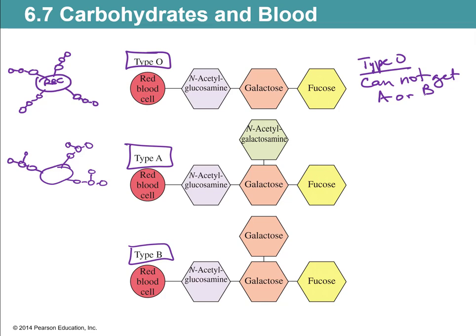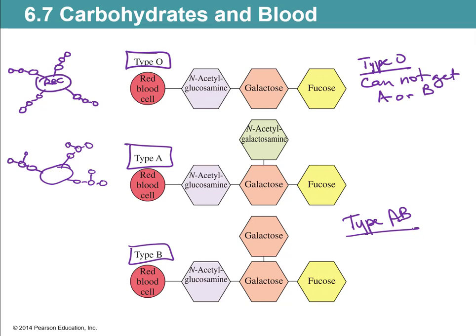So what do you think type AB people are? Well, what do you think their red blood cells look like? So if they're AB, type AB actually has two different kinds of sugar groups.